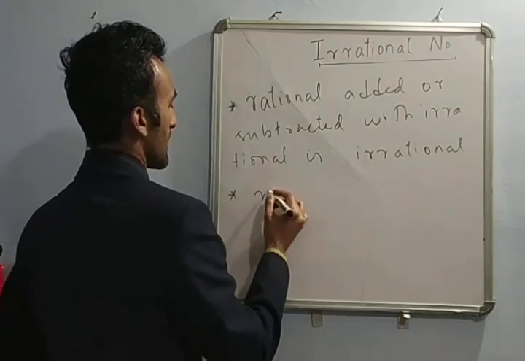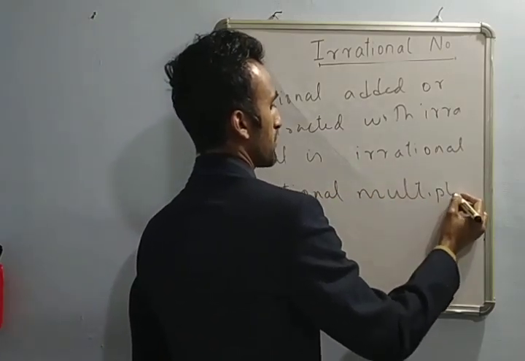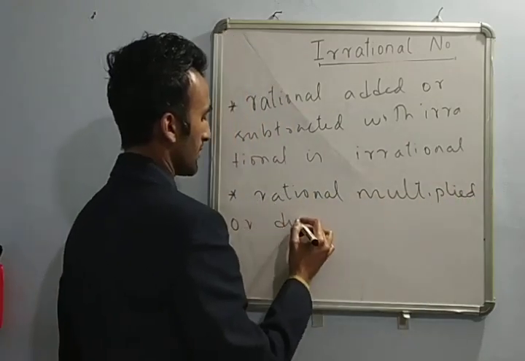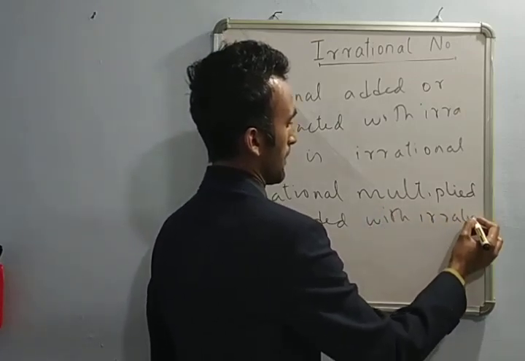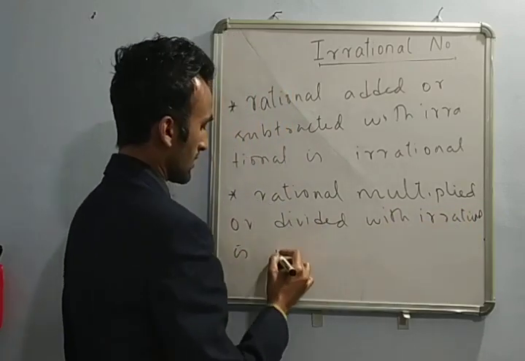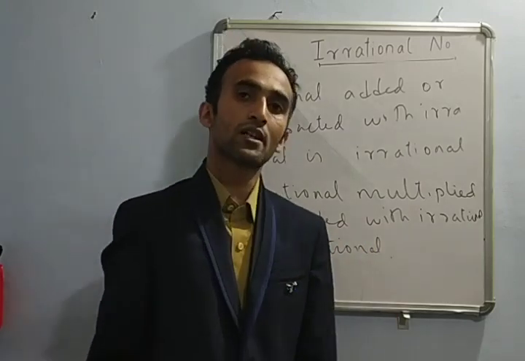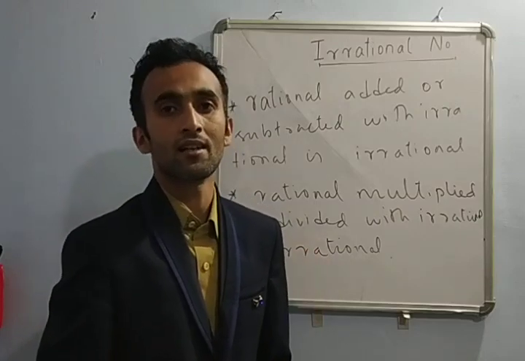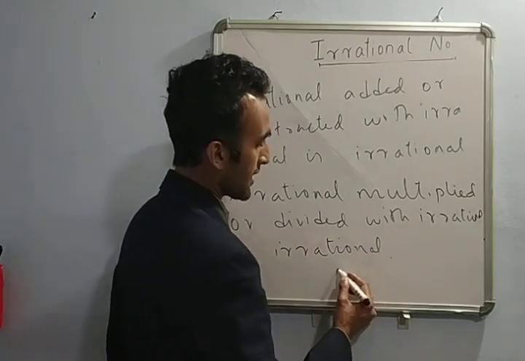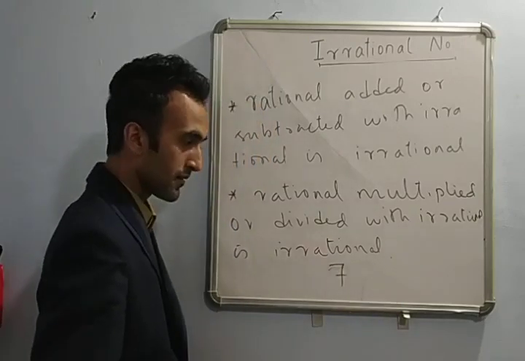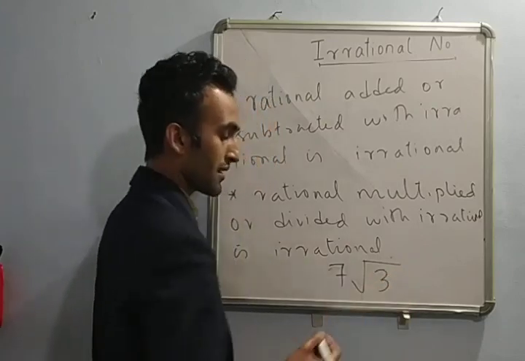Point number 2: a rational number multiplied or divided with an irrational number is irrational. In the same way, if you multiply a rational with an irrational, or divide a rational by an irrational, or an irrational by a rational, the output is irrational. For example, 7, which is rational, multiplied with root 3.